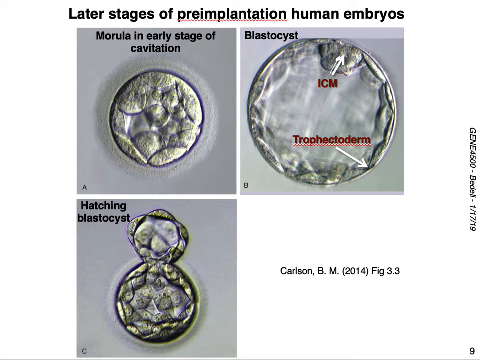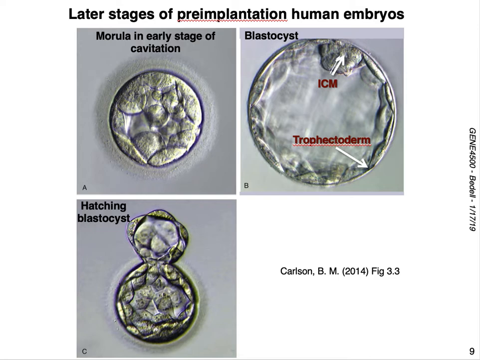Now, what's important to realize is that this term, pluripotent, leaves out an important type of cells. Pluripotent stem cells cannot contribute to the extra-embryonic tissues, the placenta, the trophectoderm. Only totipotent cells can do that. And that's an important distinction that we'll come back to.